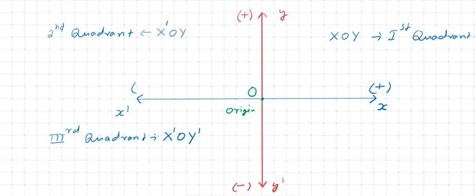In the fourth, beta ji, X O Y. Actually, X is positive, so no dash, but Y is negative, so there should be a dash on Y. It is the name of the fourth quadrant. I hope the names are clear.